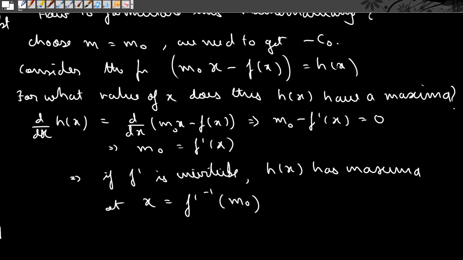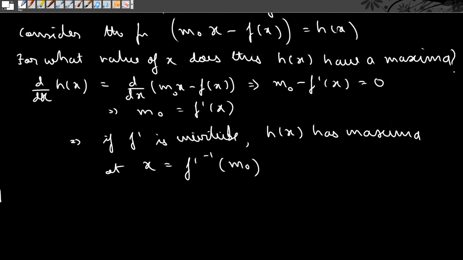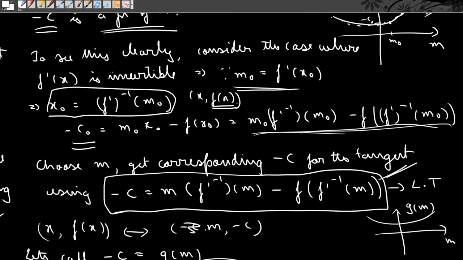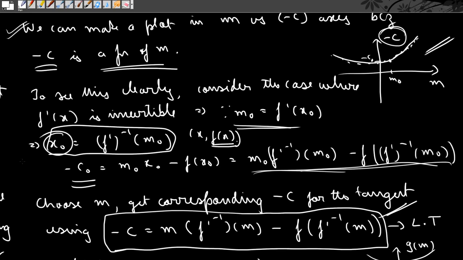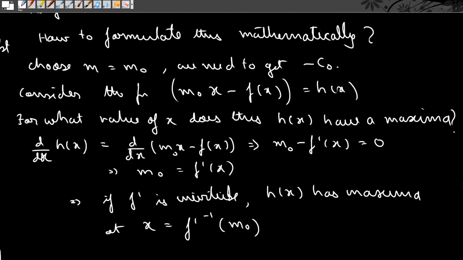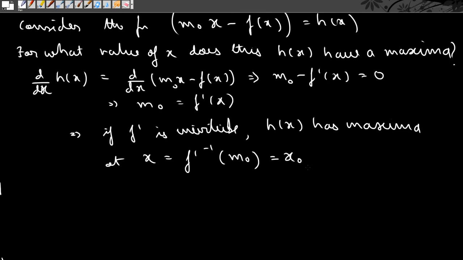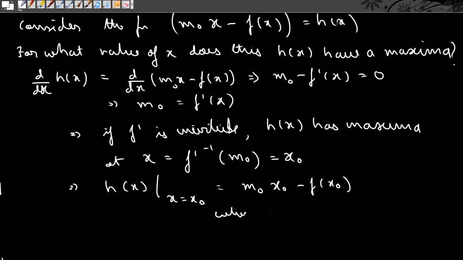So we have already seen that the f dash inverse of m naught is nothing but x naught. So this should be equal to x naught, which means our h of x at x equal to x naught, that is at the value of x where there is a maxima, becomes m naught into x naught minus f of x naught, where our m naught is f dash of x naught from this relation.